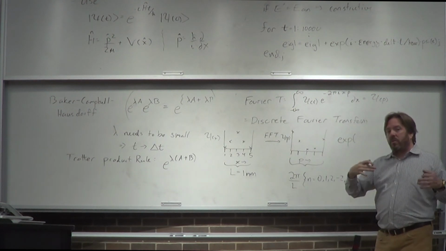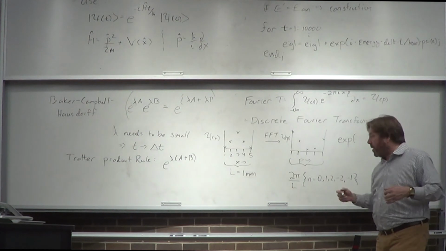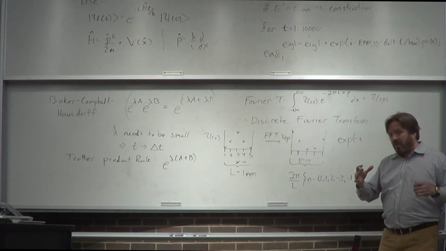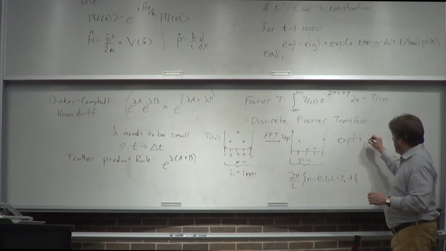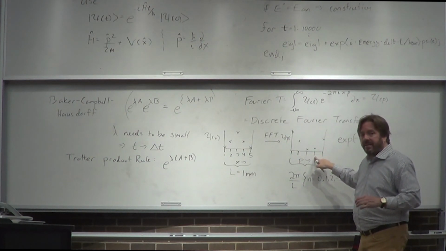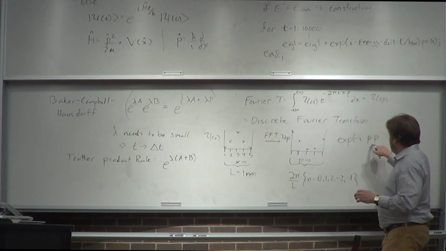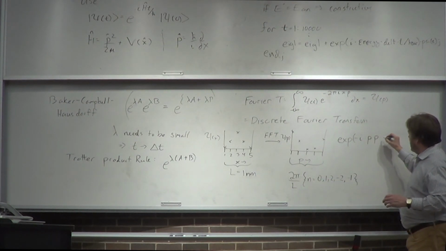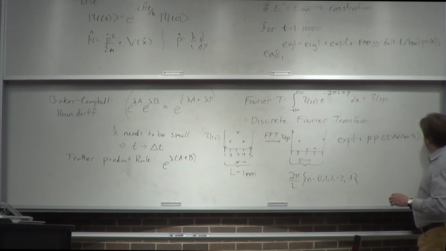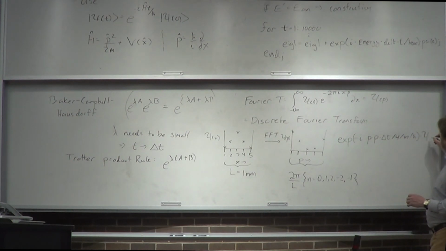Again, the way you do the momentum part of the split operator: exp of minus i, and you can tell MATLAB i is the square root of minus 1, it will understand, times p squared. Again, that is the point on the x-axis, which you now know how to figure out, squared times delta t over 4 m, where h bar is 1, times the wave function.